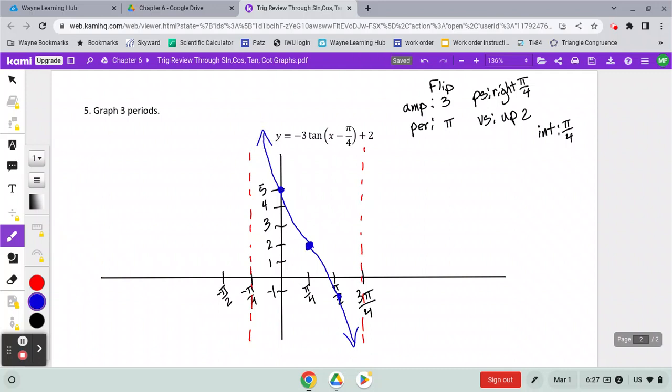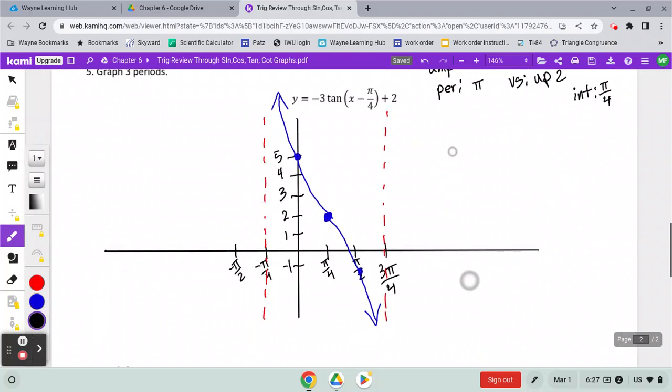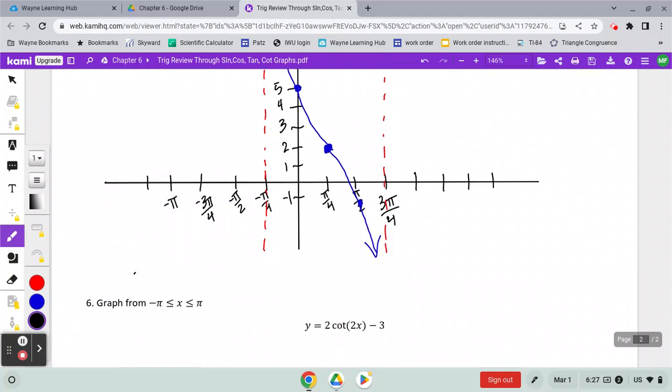Now notice it asks us for 3 periods. So I want to go both directions here. You could do 2 to the right or 2 to the left. It doesn't matter. I'm just going to put 1 more on each side. So 1, 2, 3, and then the asymptote. 1, 2, 3, and then the asymptote. Remember, this one will be negative 3 pi over 4, negative pi, and negative 5 pi over 4.